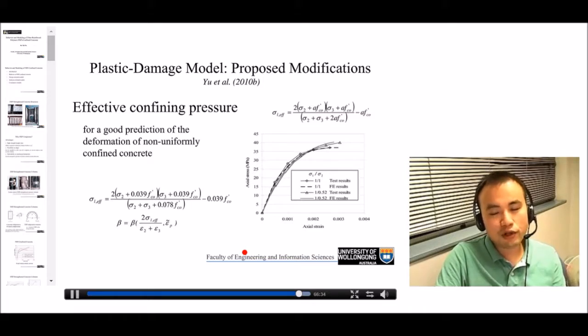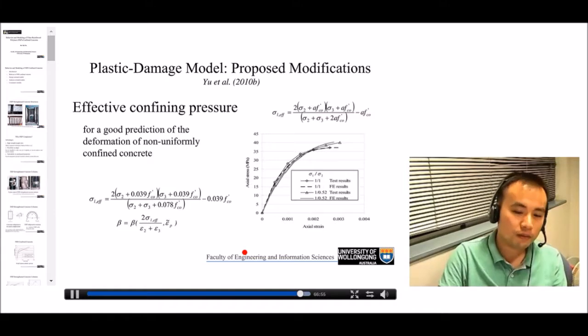If we can capture both biaxial compression and triaxial compression, then we capture two extreme points. So if this is good, then we can expect reasonably good predictions for non-uniformly confined concrete, which sits between these two extreme cases.